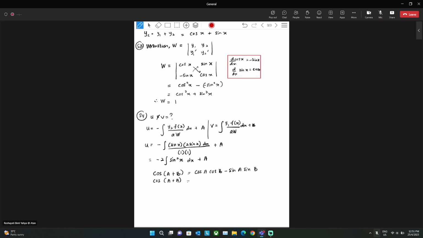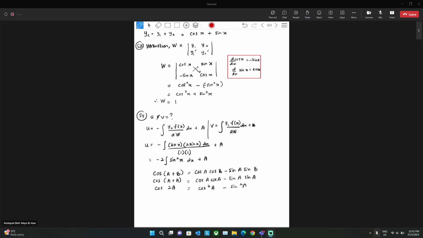So this becomes cos A cos A minus sine A sine A. So here cos 2A equal to cos squared A minus sine squared A.